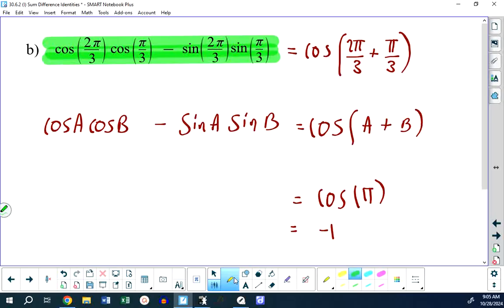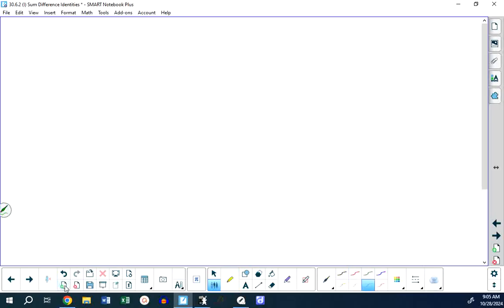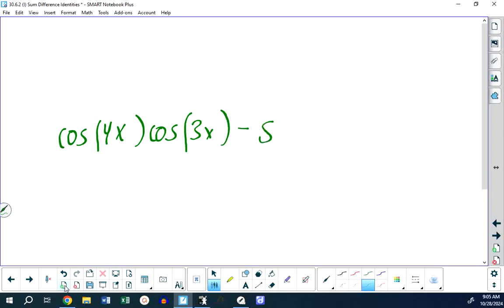Similarly, or along the same lines, if it wasn't 2 pi over 3 and pi over 3, if it was this, and this is merely, I'm thinking calculus here. I'm thinking of the work we do in calculus.